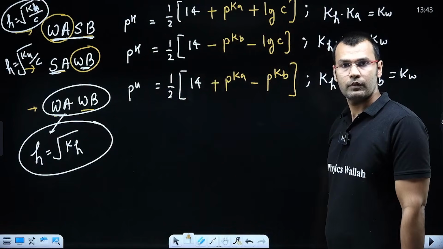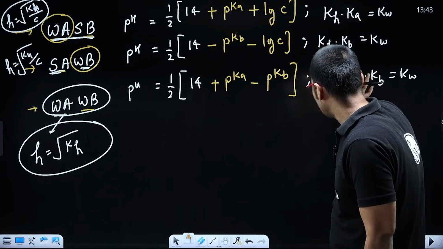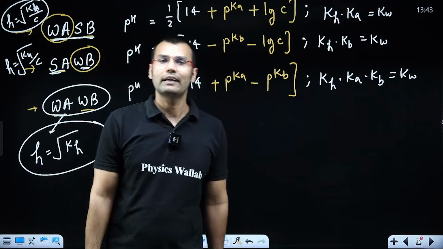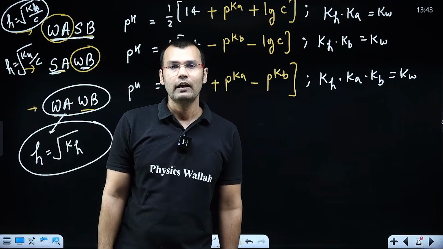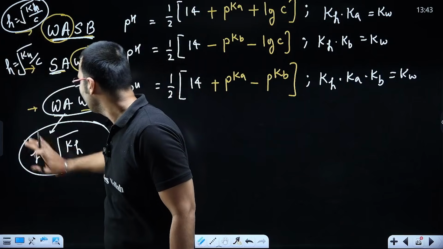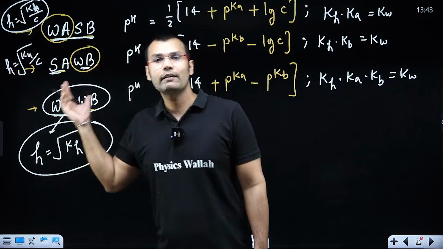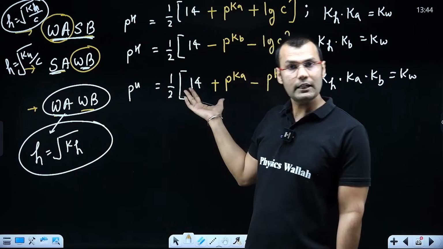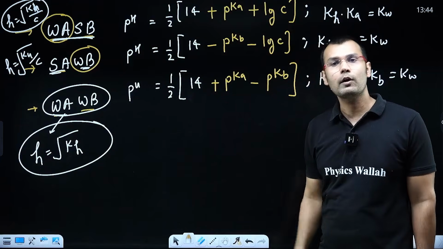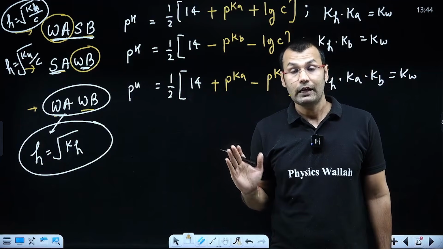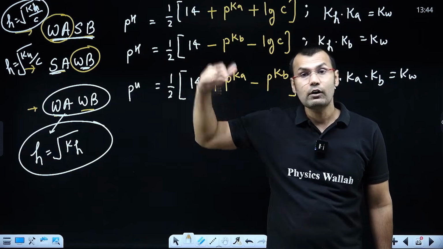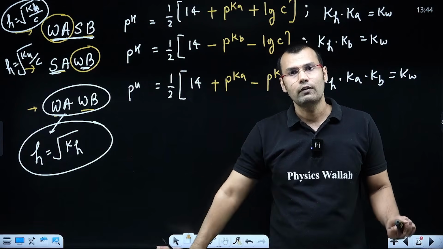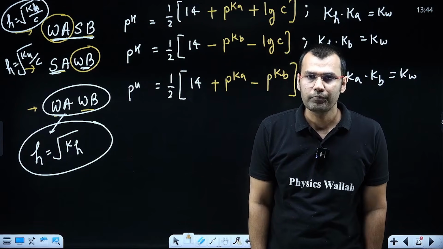So the relations between the dissociation constants, hydrolysis constant and Kw, the expression of degree of hydrolysis, and finally, of course, the most important point, pH. These pH formulas you need to remember always. And also you should know the meaning of salt hydrolysis. If you know this much, you can solve all the NEET problems, believe me.